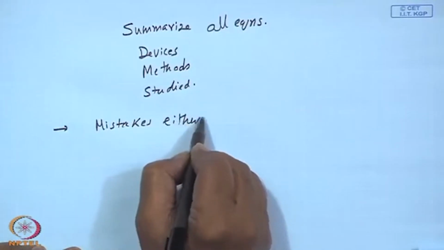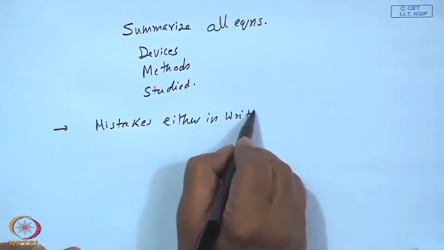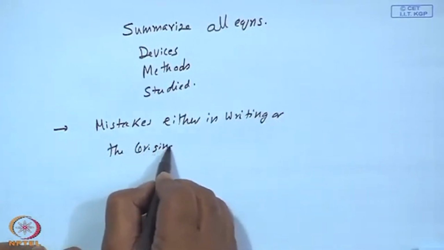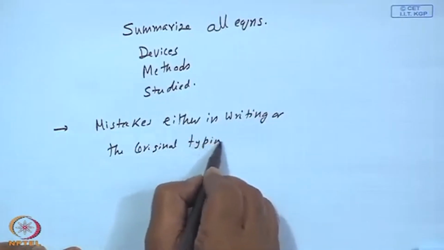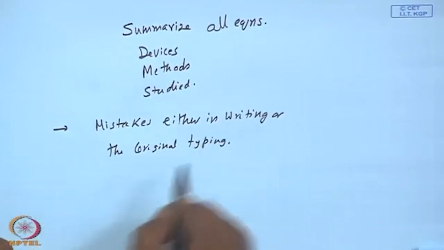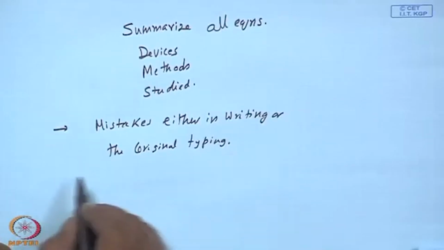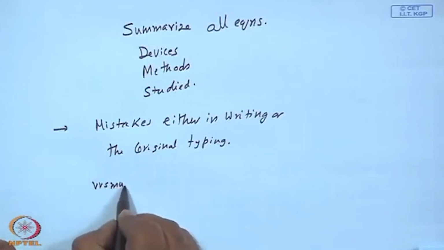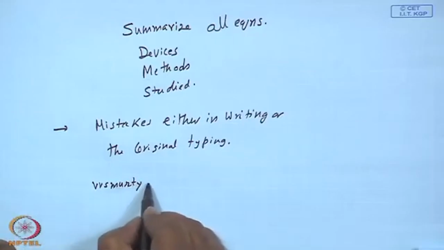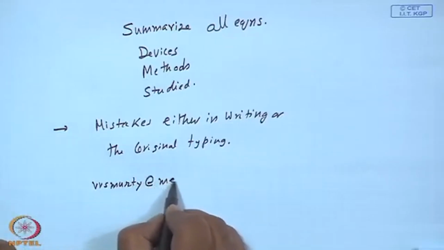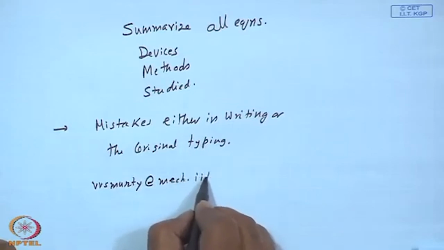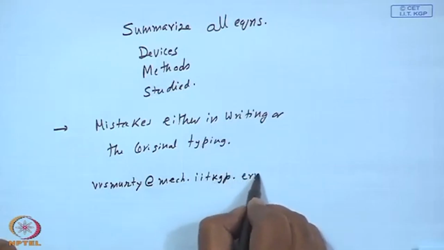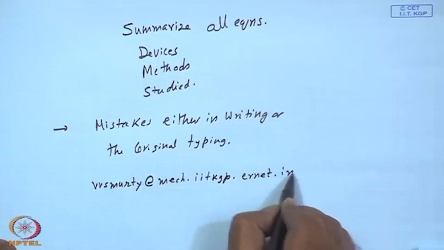either in writing or original typing. So, what I would suggest is, in case you find a mistake, contact me immediately at your earliest at my email address vvsmurthy at iitkgp.in.